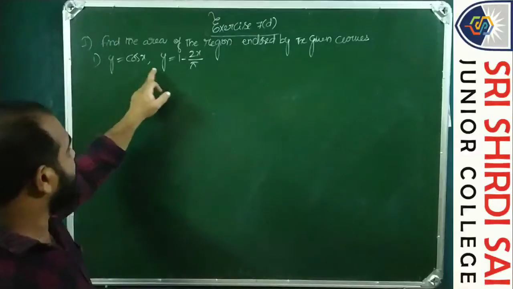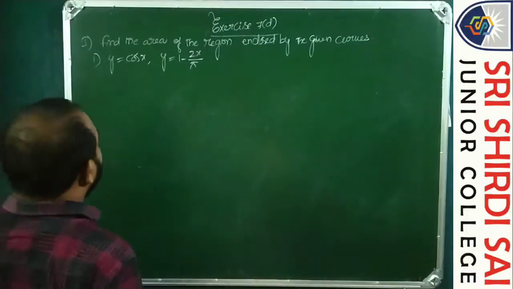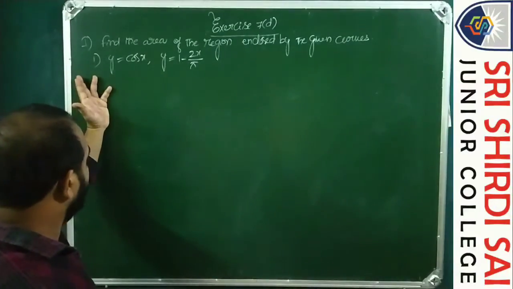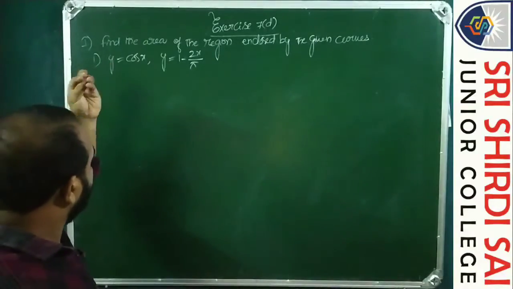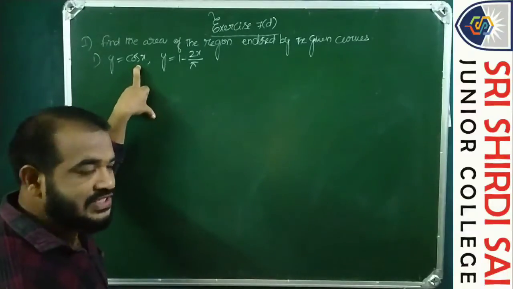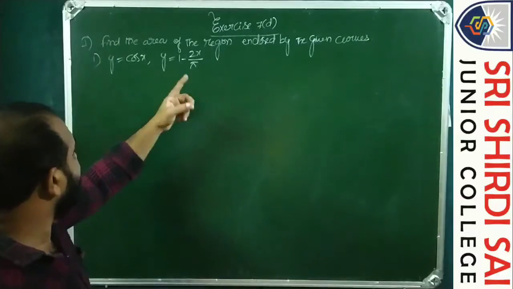y equals cos x, y equals 1 minus 2x by pi. So if we find the point of intersection, we can observe that at x equals 0, both are giving the same point.